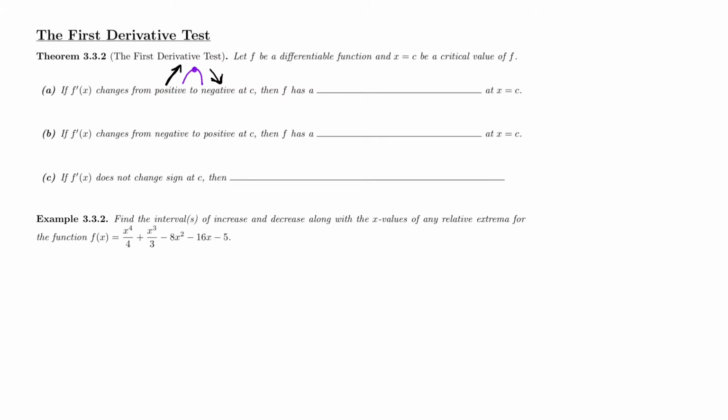You have a relative max. If your derivative changes from negative to positive, so if your function goes from decreasing to increasing, that means that you have a relative min.